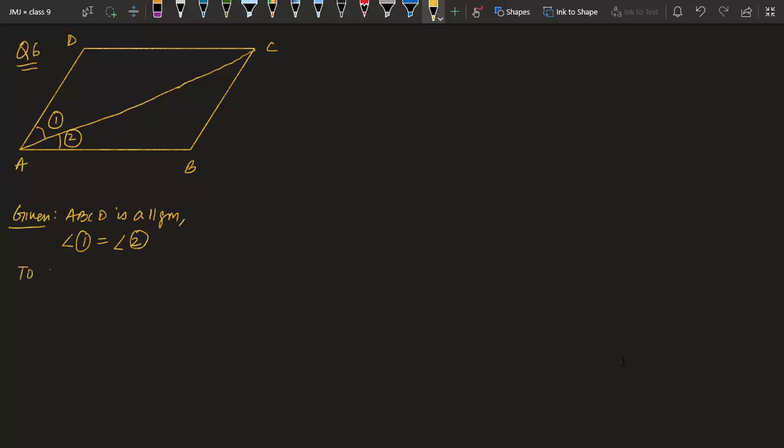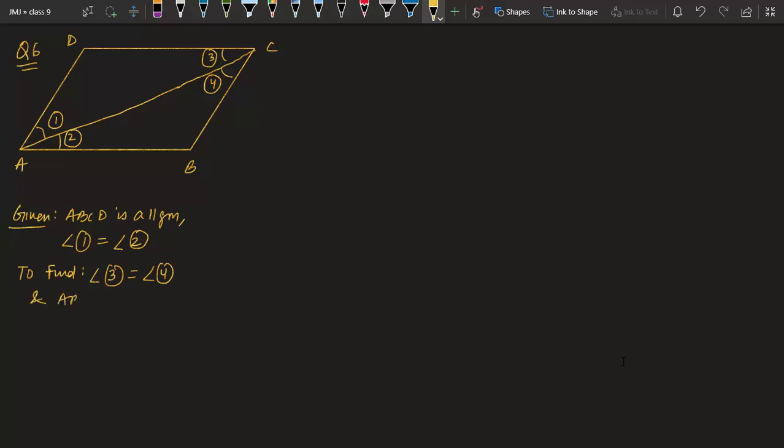Now to find or to prove what is there, we have to prove that it bisects angle C also. So we have to prove that this 3 is also equal to this 4. So we have to prove angle 3 is equal to angle 4. And second thing we have to prove is ABCD is a rhombus.